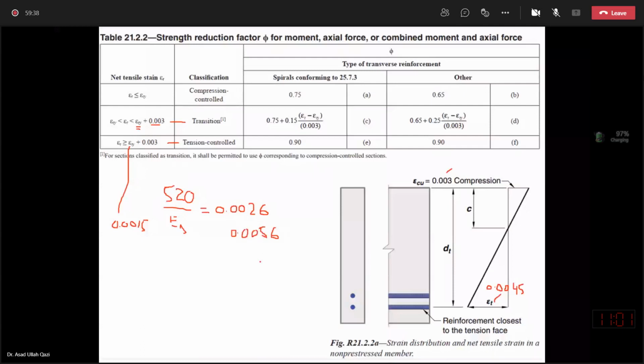So it is just one information. For compression control, no change. Only for transition and tension, they have now fixed 0.003 plus whatever the epsilon y is, add that to the fixed 0.003 and get the target strain to classify your cross section.